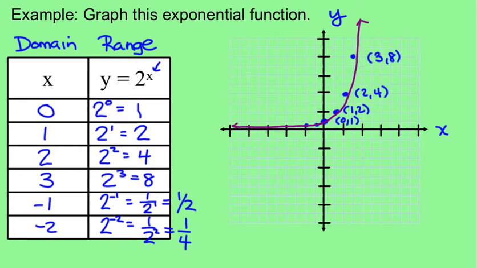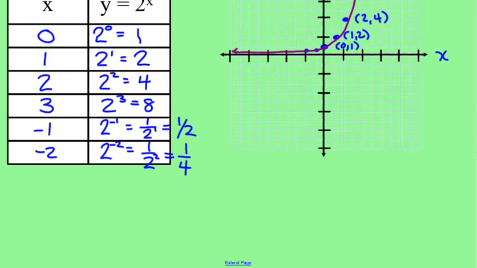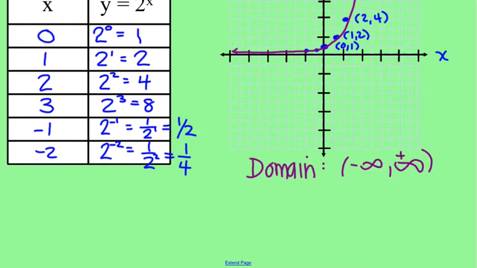As the x values increase in the positive direction, you're going to continue to increase at a rapid rate. The domain. What type of numbers can you plug in for x into the function? Well, there isn't any restriction, so we say it's all real numbers, or -infinity to +infinity. The range is a little bit harder to understand.